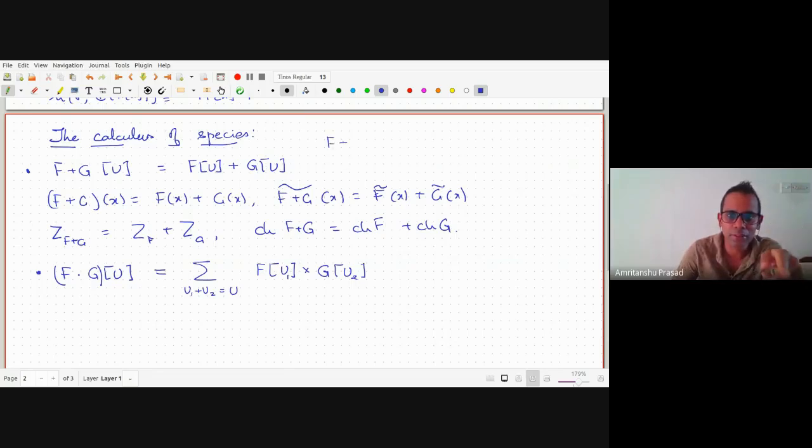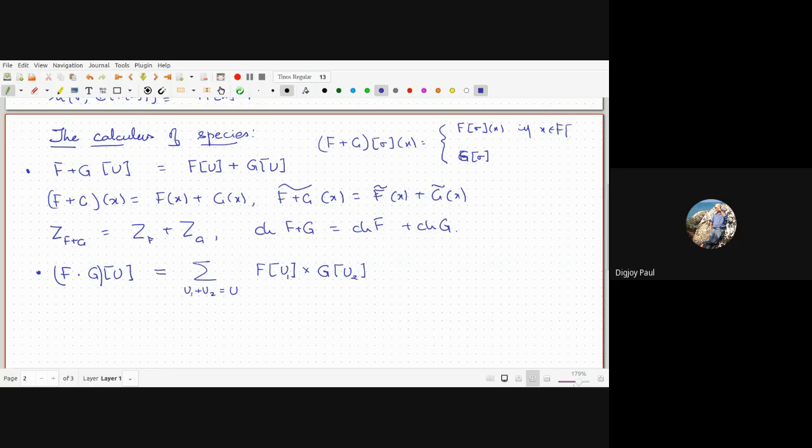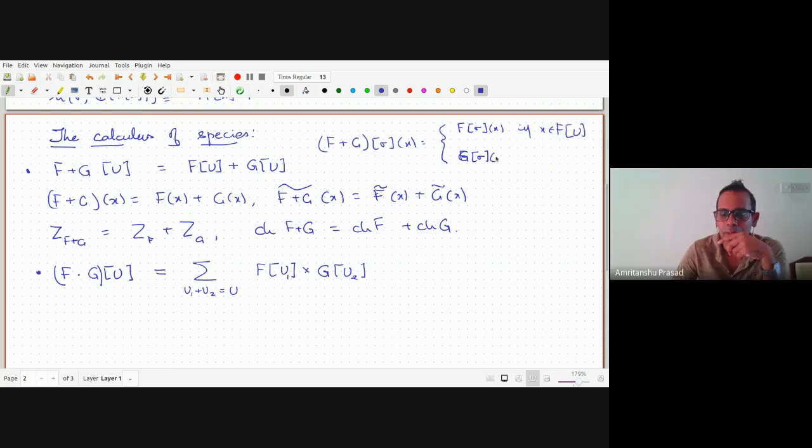I need to say, of course, what sigma also does. So F plus G of sigma of x is equal to F sigma of x, if x belongs to F[U], and G sigma of x.